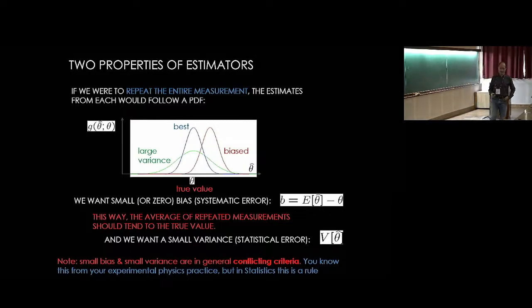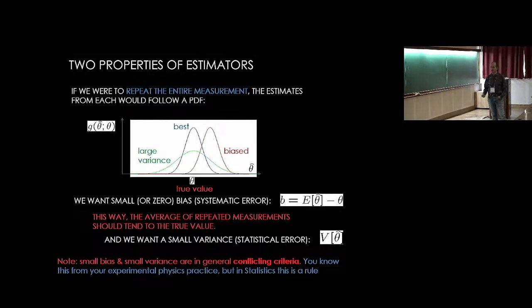But the bias is the statistical way to describe the fact that you might weigh yourself on the scale every morning, and it gives you a number, and you don't know it, but maybe all of these numbers that you get are off by 1 kilogram, say. That's a bias. If you care only about differences because you ate too much or too little, well, the bias doesn't count too much. But the bias is affecting your estimate of the weight.